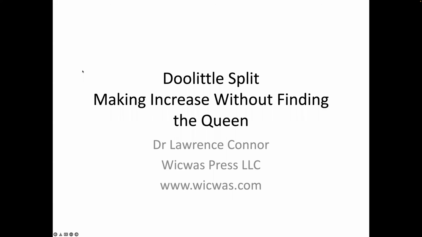We're going to talk about a method that's been around for over 100 years. And I've been writing and talking about it for a number of years now. And it's what I call the Doolittle split. And it's a way of making an increased colony without finding a queen.